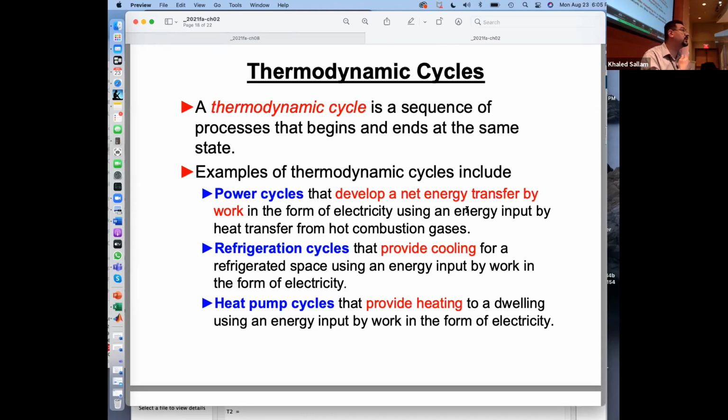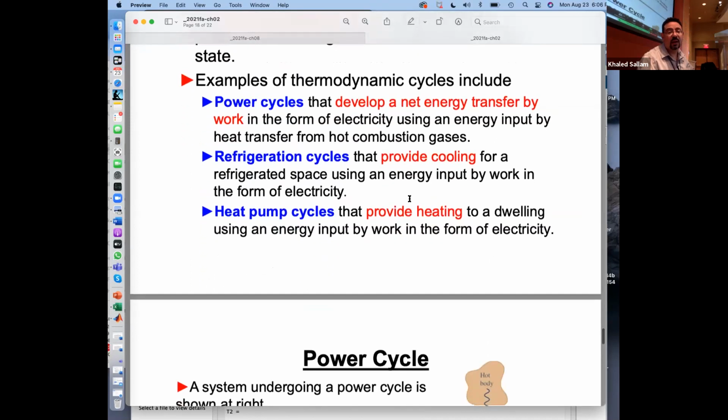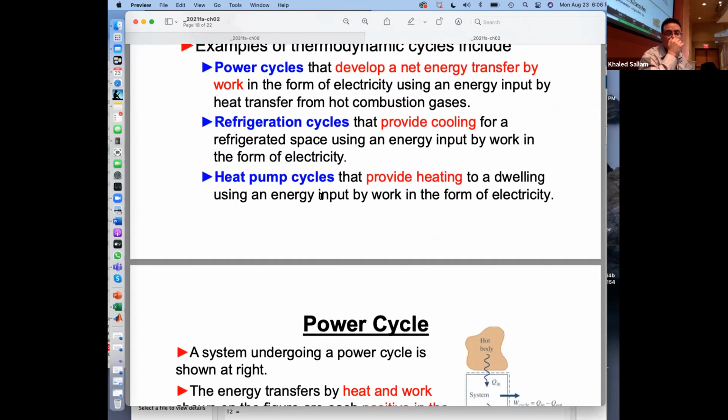Our job as mechanical engineers is to make that shaft rotate. That shaft takes the energy in the form of torque times omega, and you give it to the electric generator. Electrical engineers take that shaft, hook it up to a field, and generate electricity out of it. And refrigeration and heat pump, those are for heat transfer, and we will talk about them next class.